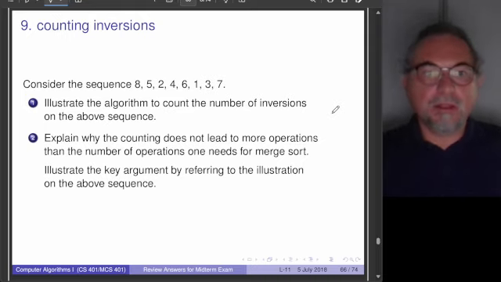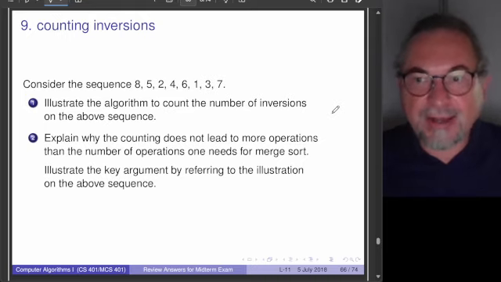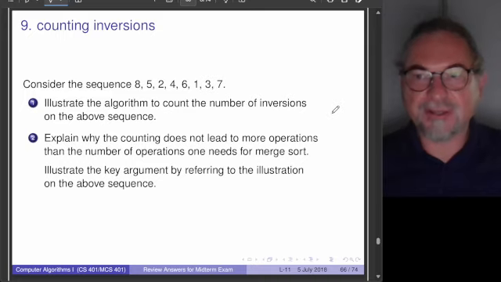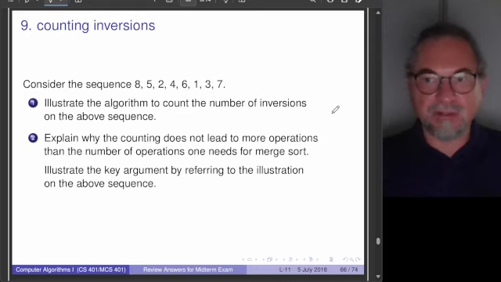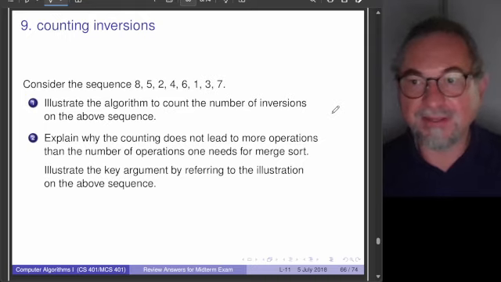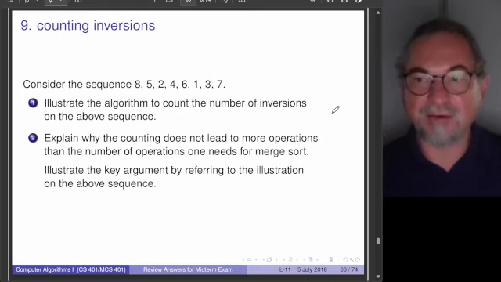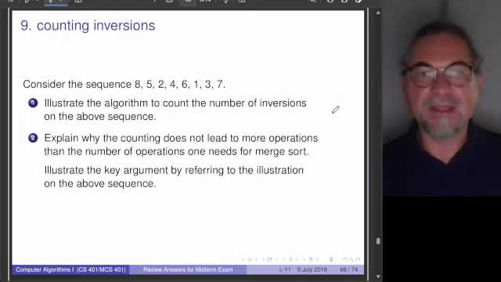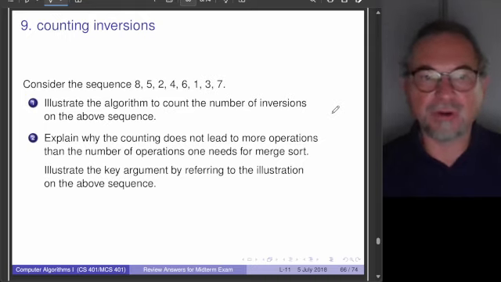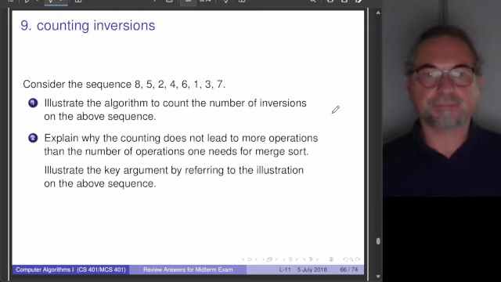Okay, we are looking at counting inversions. If you have a sequence that is not ordered, so we considered a sequence to be ordered if it is in order of small to large, you might be interested in how much disorder is there, and you can count the number of inversions.